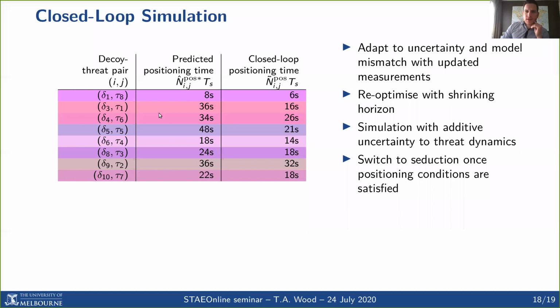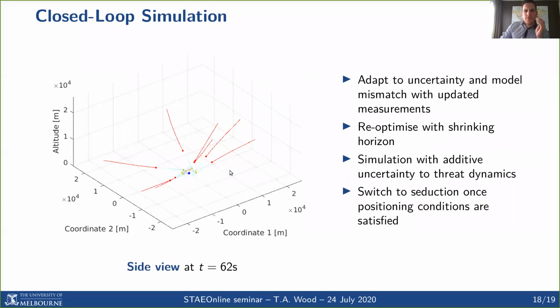We see with the closed loop performance, by re-optimizing and measuring the uncertainty in every step, we achieve a lower time of positioning a decoy across the board. And I just want to show an image of what that looks like. So this is after 32 seconds.